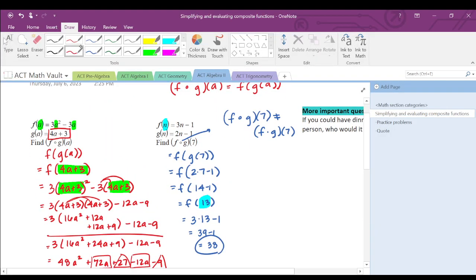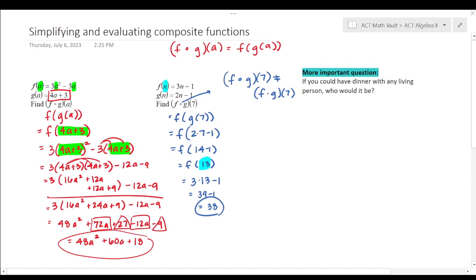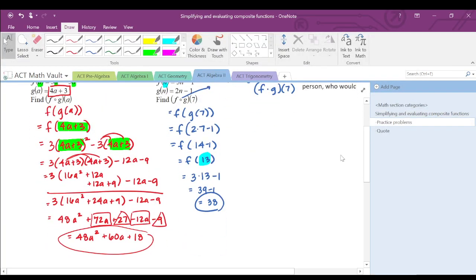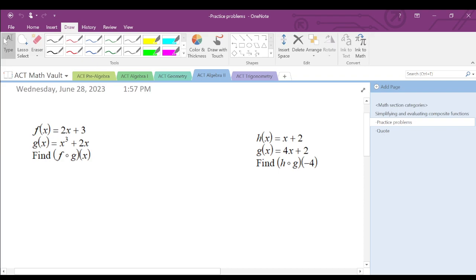So our two final answers look pretty different from each other. One involves variables and the other is just evaluating a composition or a composite function with a certain number being plugged in. Okay. So try one of each for the practice. And here they are. F of g of x and h of g of negative 4.